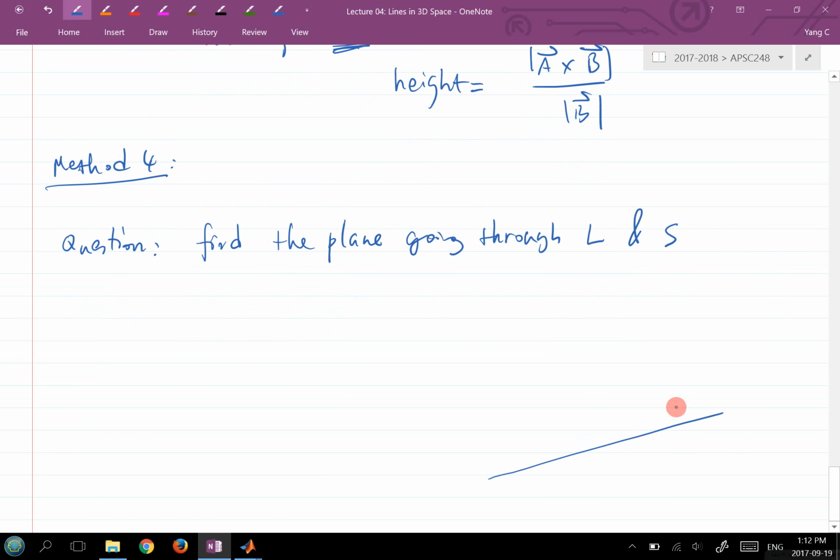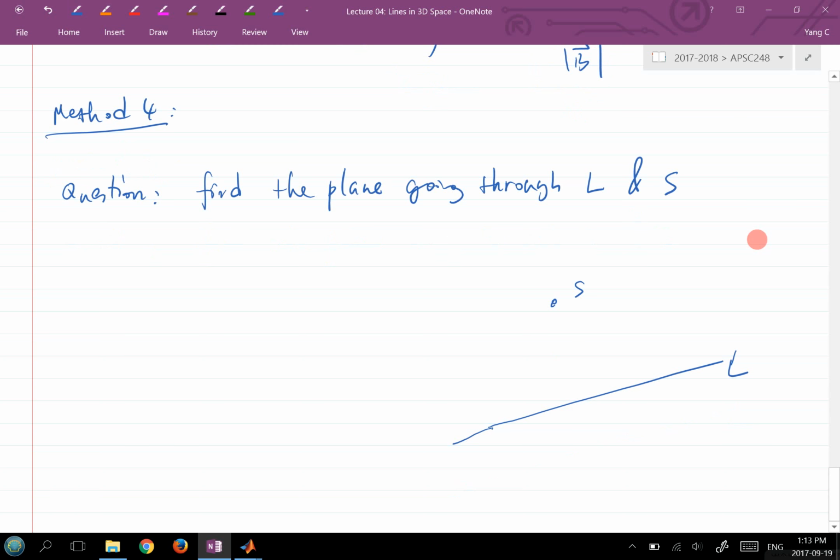So we're relating what we learned for planes and for lines together. The first thing you should be very certain of is that when you're presented with L and a point that is not on L, you will be able to find a unique plane passing through this L and this point. You're not going to find two different planes or three different planes satisfying the same condition.